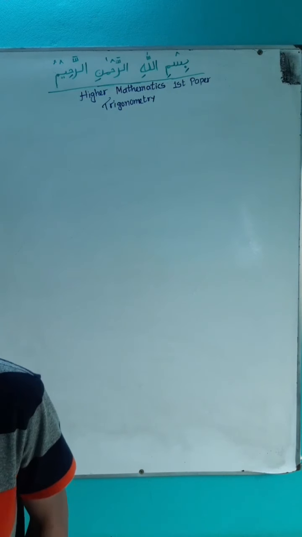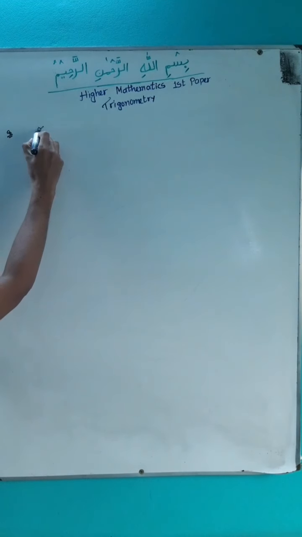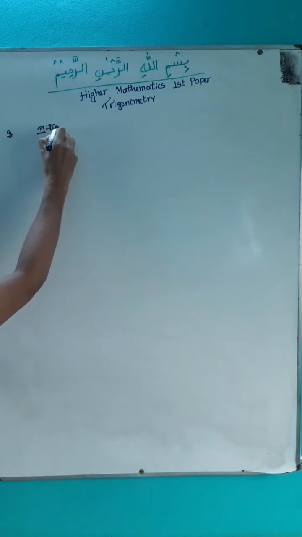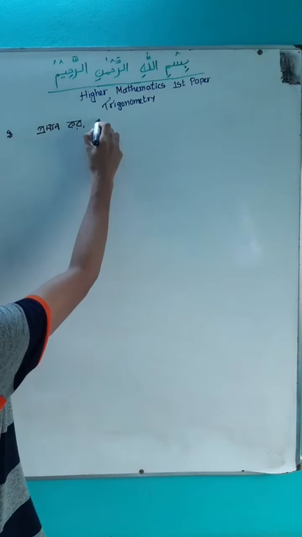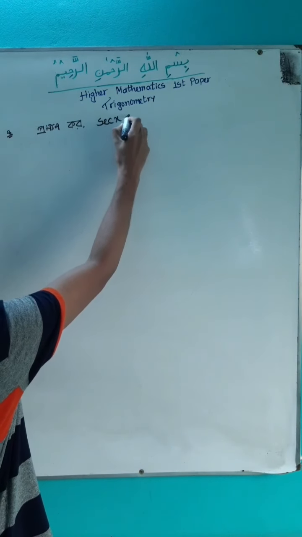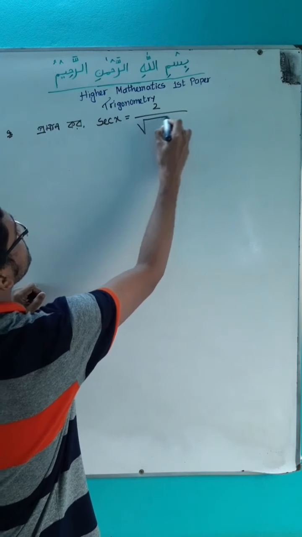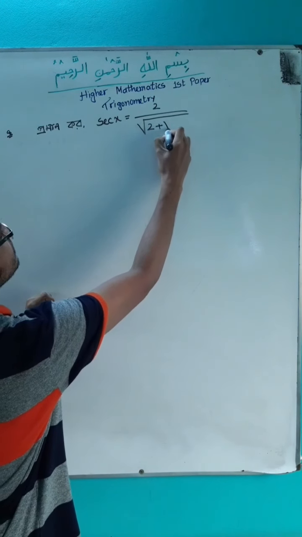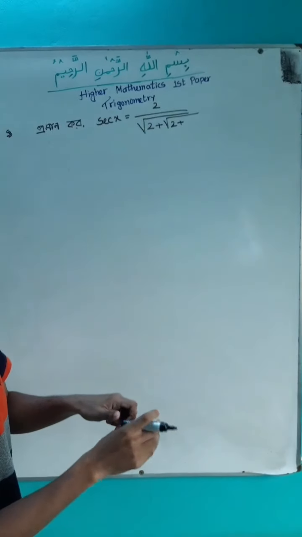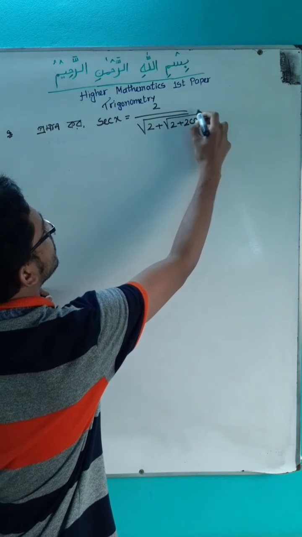The next math, this is number 8, the next chapter. We need to move plus 2 cos 4x.